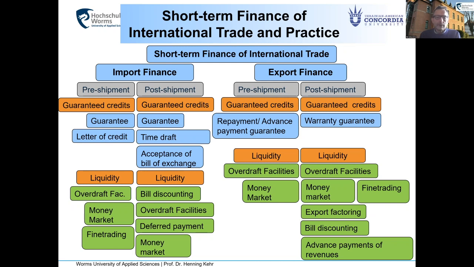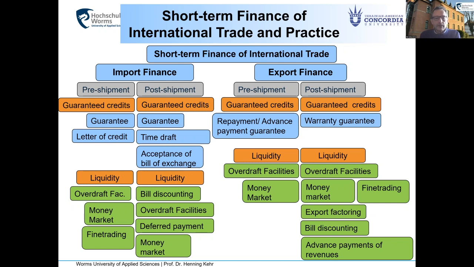Then you will not find that tool in export finance, but only in import finance: letters of credit or time draft, acceptance of bills of exchange. And then the typical instruments to finance, these are, for example, overdraft facilities, or better perhaps, credit line on your account.